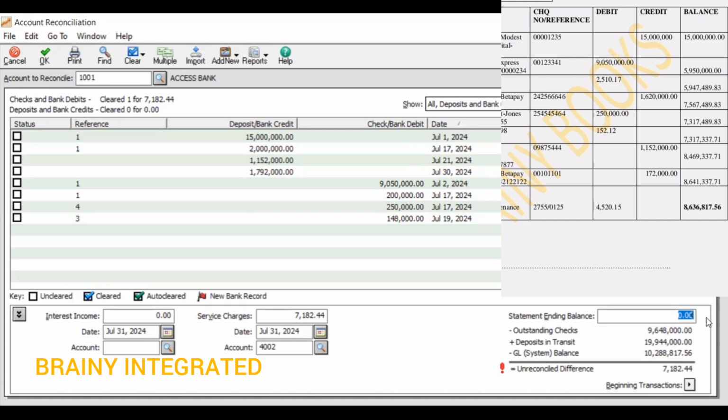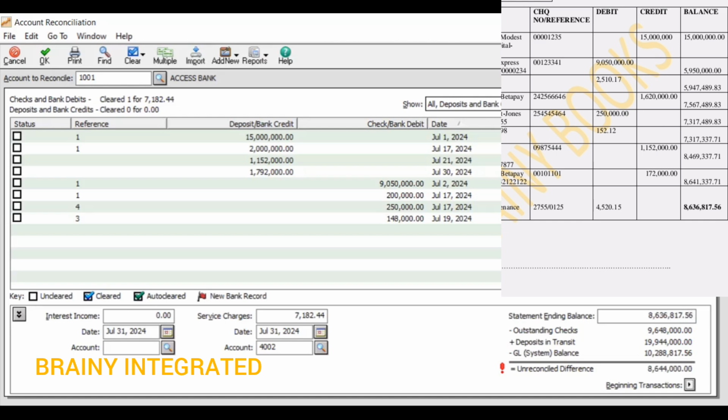Now, the balance is the last column on the bank statement, the one I sent that has Brainy Books as watermark. 8,636,817.56.